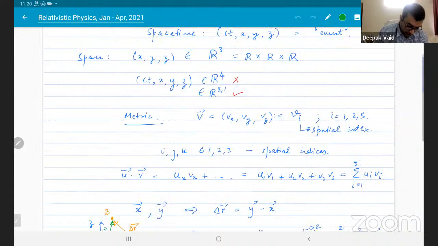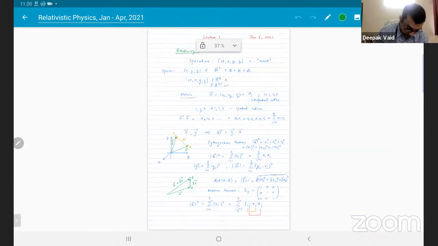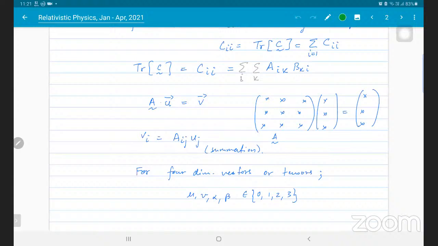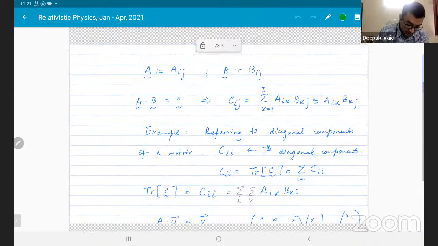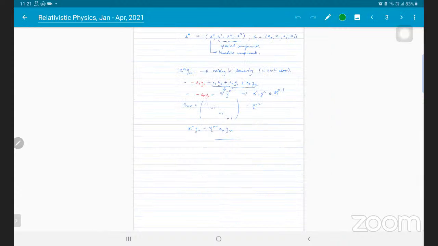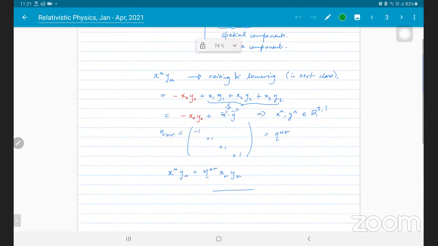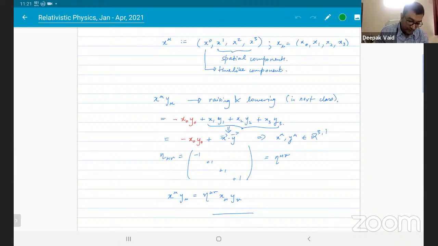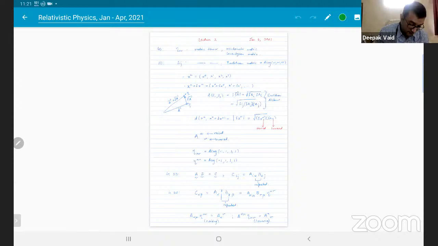Right. So in the previous two lectures, what I have done is I have introduced the concept of four-dimensional vectors, right? And then I've talked about this Einstein notation, summation notation, and I mentioned that this Minkowski metric tensor is used for raising and lowering indices.